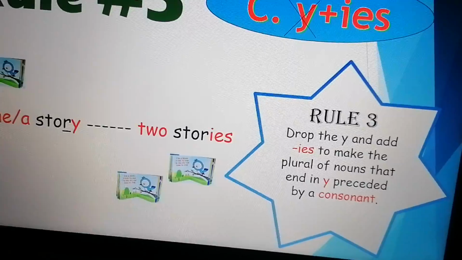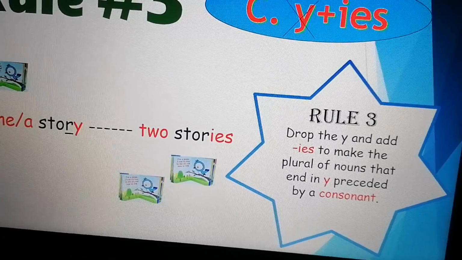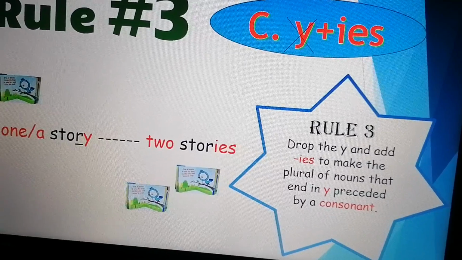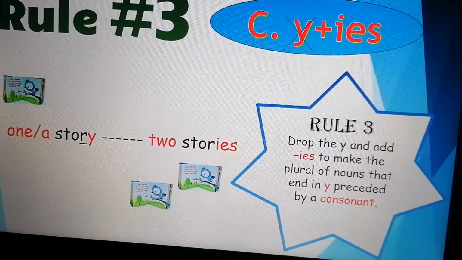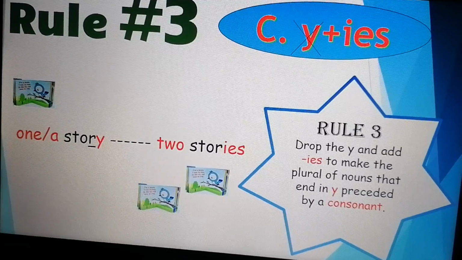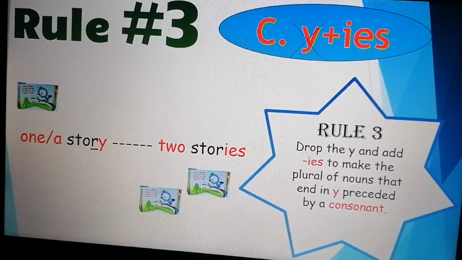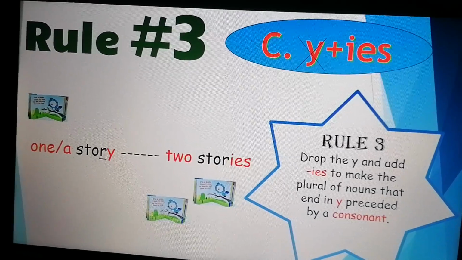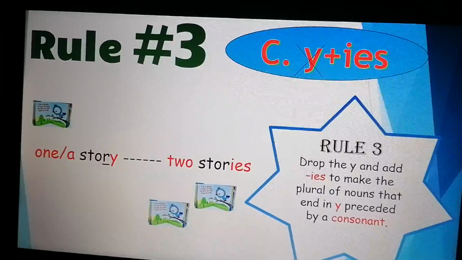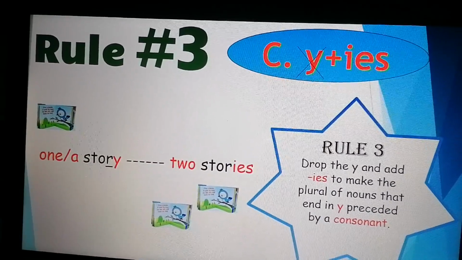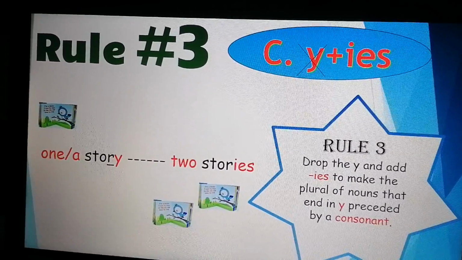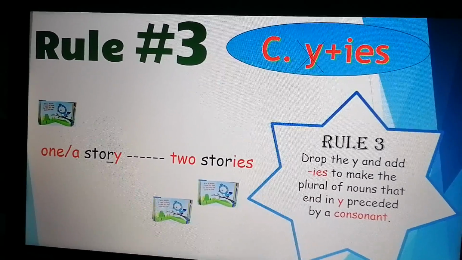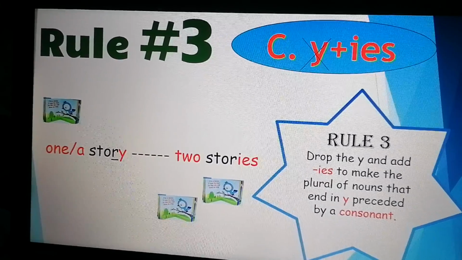In story, we cross the Y and add IES to have stories, and to make the plural of the nouns that end with Y, like story, it ends with a Y, and have before the Y a consonant letter. So rule number 3 tells us to drop the Y, cross the Y, and add IES for the words that end with Y preceded by a consonant letter.